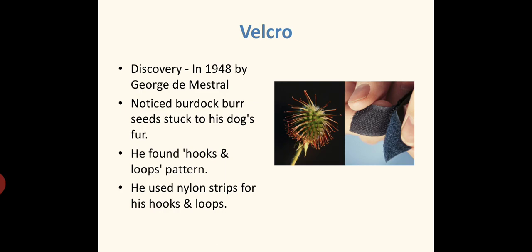So for every problem there is a solution in nature itself. If you closely observe what is happening in nature, or whatever is available in nature, we will find some solution for our day-to-day life. The technology adopted from nature, or inspired by nature, is simply known as biomimicry.